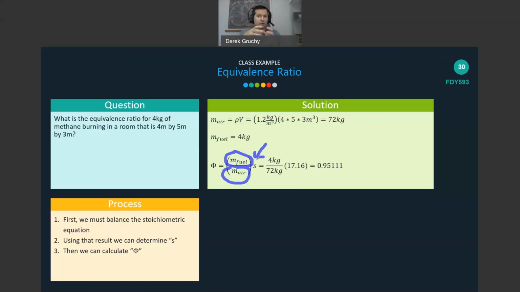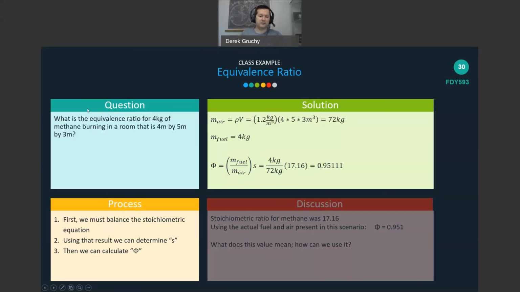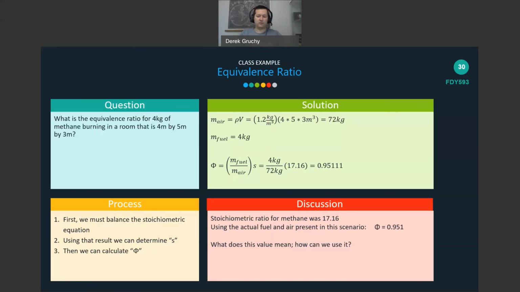So that's our actual ratio. And then we multiply that by the expected, what we would hope, stoichiometric ratio for perfect combustion. And we end up with 0.9511. So we have a value that is less than 1.